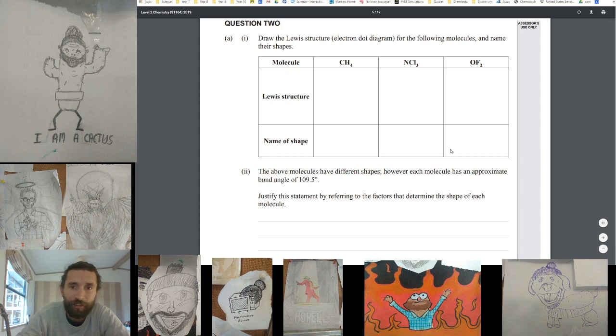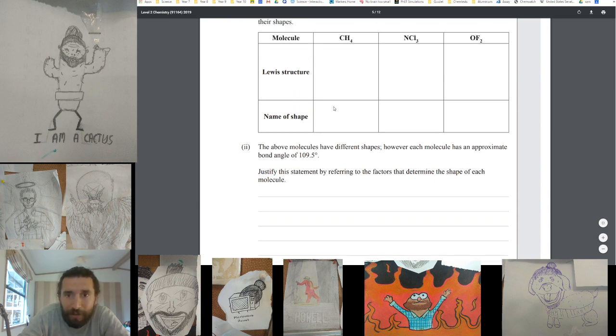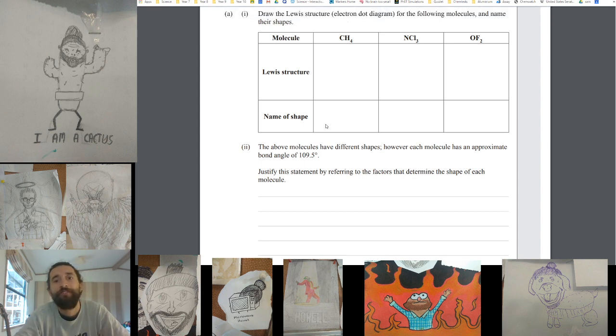This will be a nice achieved question. And now down here we have the excellence question, where the above molecules have different shapes. However, each molecule has an approximate angle of 109.5 degrees. Justify the statement by referring to the factors that determine the shape of each molecule.